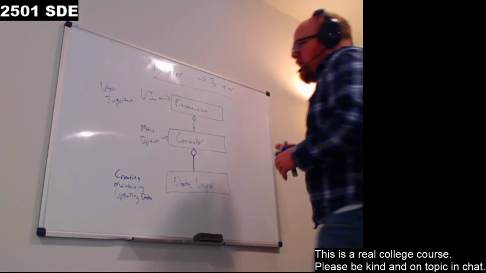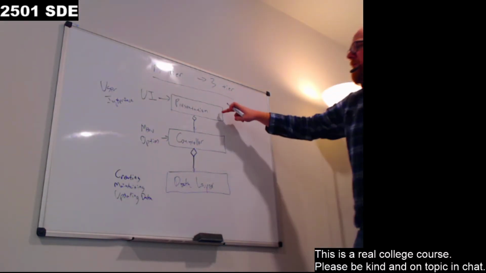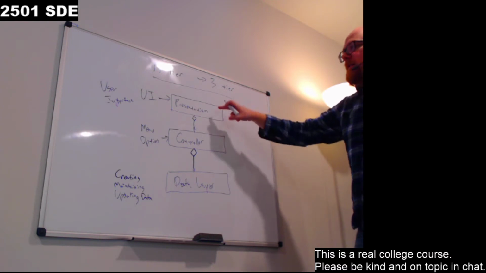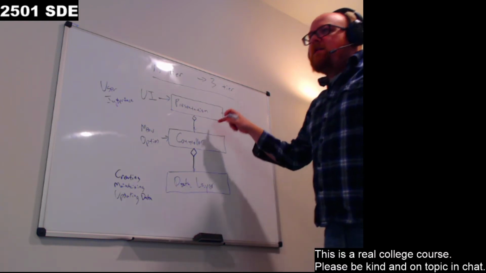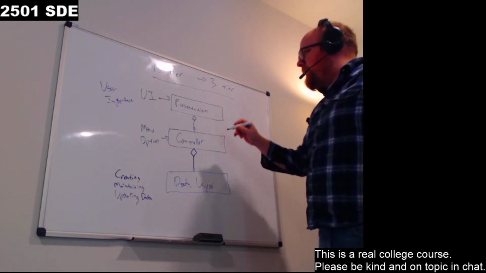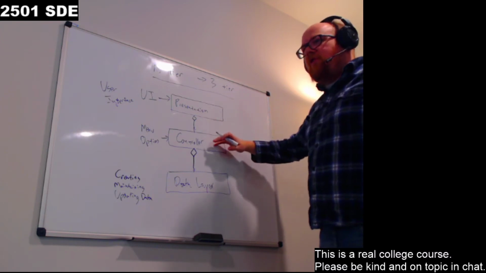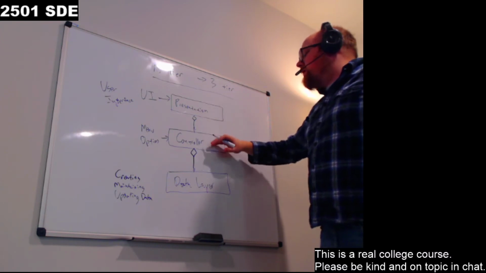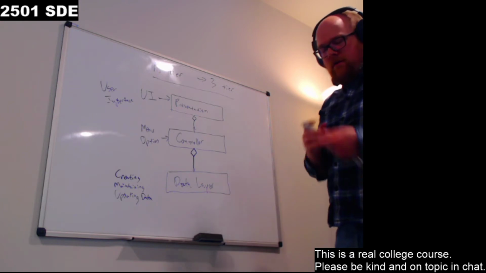So the idea here is, remember, if presentation has a controller, this is a dependency. This is just a specific kind of dependency. So presentation depends on controller. Controller depends on data layer.